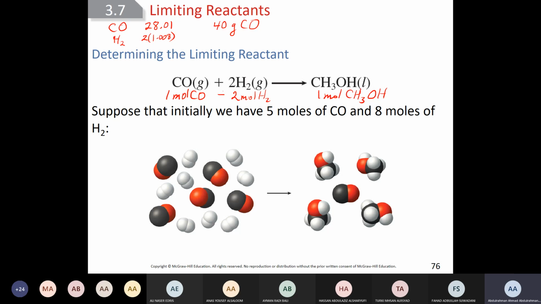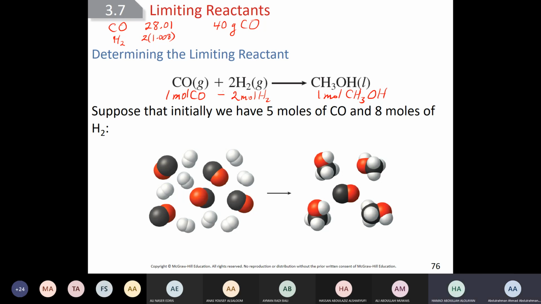All right. And then tell me, if I have 40 grams CO, how many grams H2 do I need to react with it? 2.857. Let's see. I'm sorry, doctor, can you repeat the question?